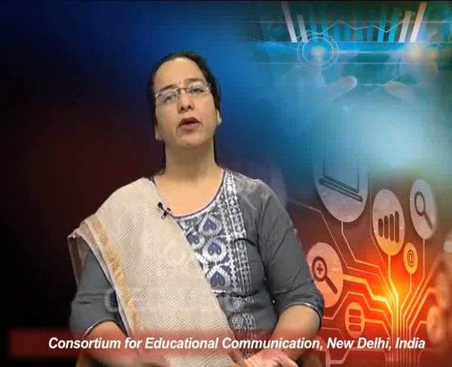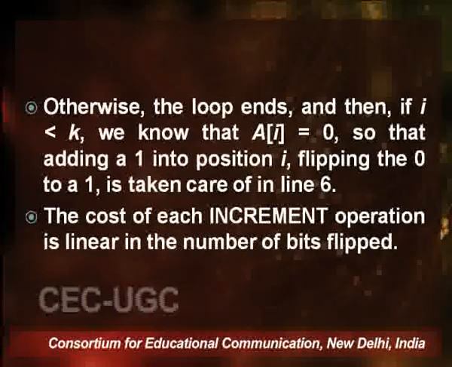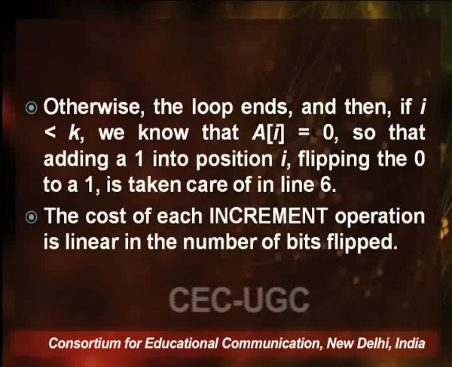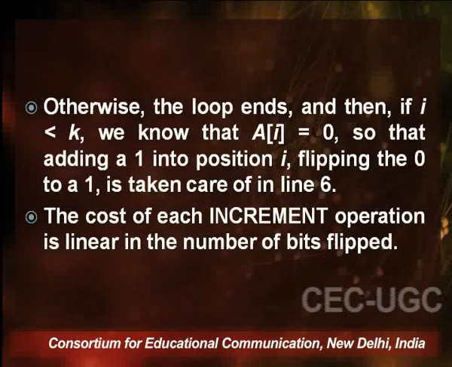Let's say we have the counter value as 2, and then we are going to have counter value as 3. So we can say 3 bits have been flipped, and so on. So the cost of each increment operation is going to be linear in the number of bits flipped. That's a trivial thing which we can observe.